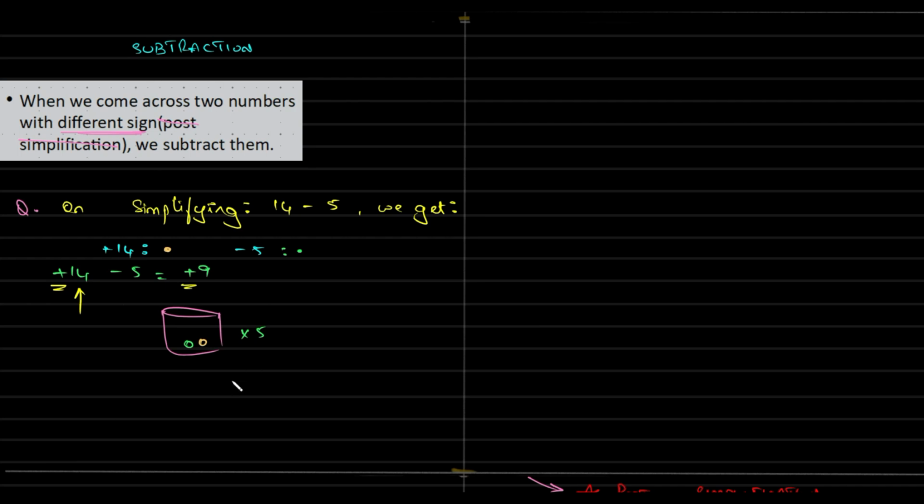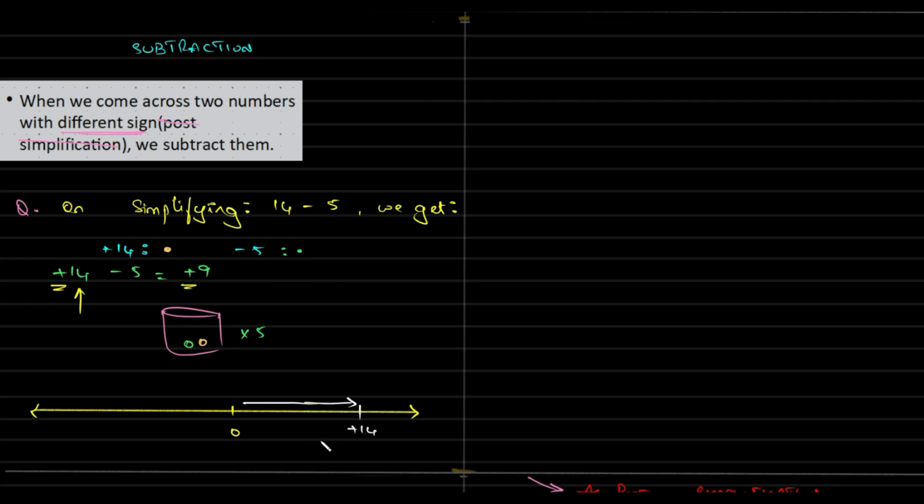So let me do this in terms of your number line. I have the number line, I have a 0, and plus 14 indicates what? To the right, somewhere over there, plus 14, and then you have minus 5.